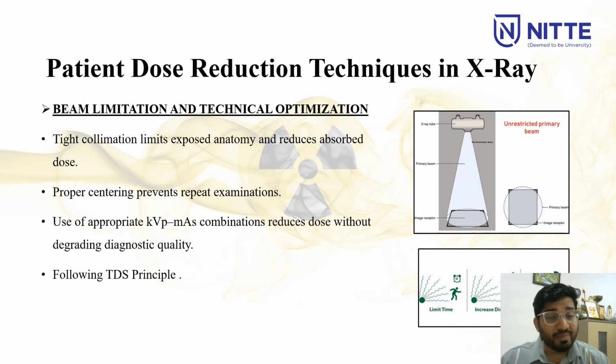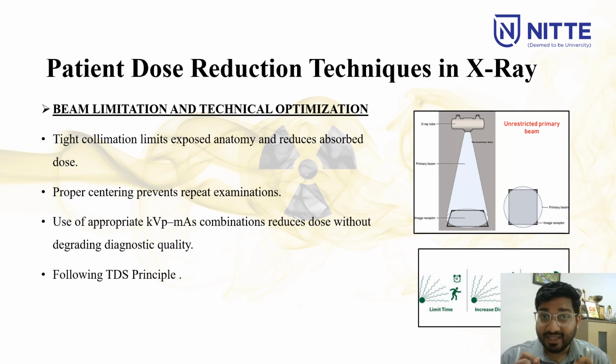Tight collimation limits exposed anatomy and reduces absorbed dose. Proper centering prevents repeated examination, along with use of appropriate KVP and MAS. All the technical factors should be selected wisely. This KVP MAS combination reduces the dose without degrading diagnostic image quality.